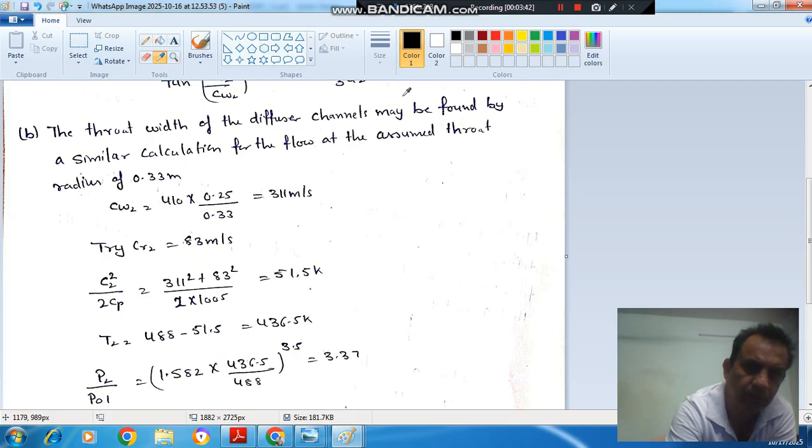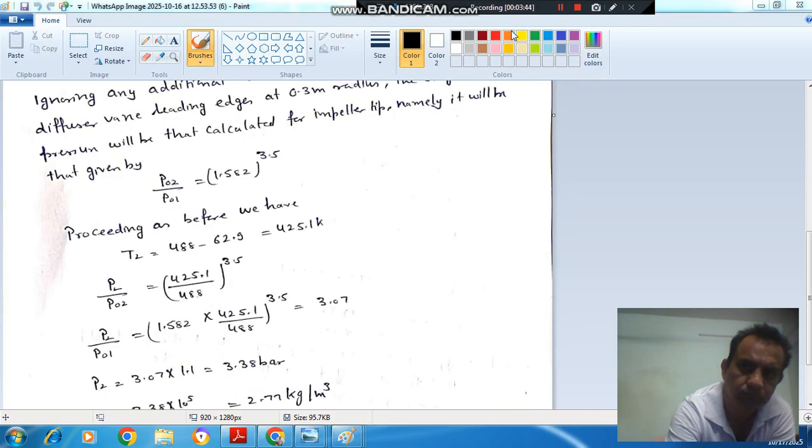So now we'll calculate pressure. As there is no stagnation pressure loss from the impeller tip to the diffuser throat, P02 by P01 will remain the same. That will be 1.582 raised to the power 3.5. Now T2 is different.